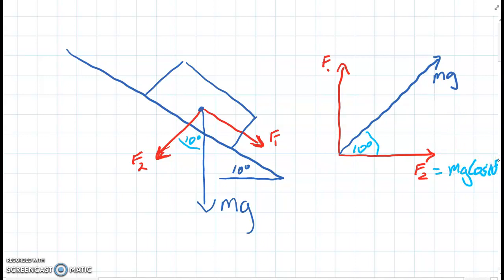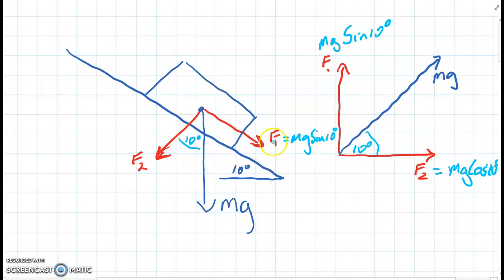Okay? And F1 is going to be mg sine of 10 degrees. So that means that this component here is mg times sine of the angle of the incline, and in this case, it's 10 degrees. Getting a bit squashed there, but you can see what's happening.